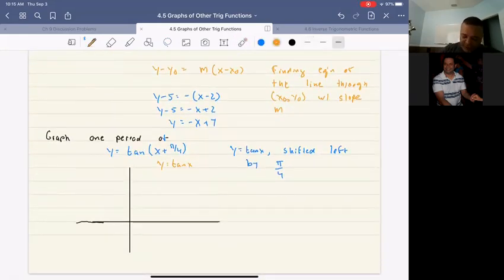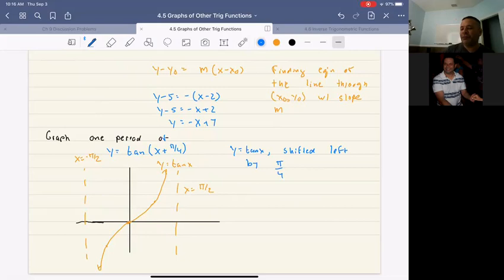Okay, so the regular tangent graph looks like so. Oh, I said I was going to do it in orange. This is x equals pi over 2, and x equals negative pi over 2. Now I'm just going to move everything to the left by pi over 4.